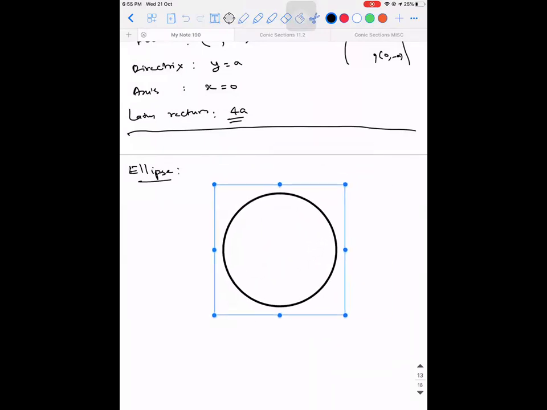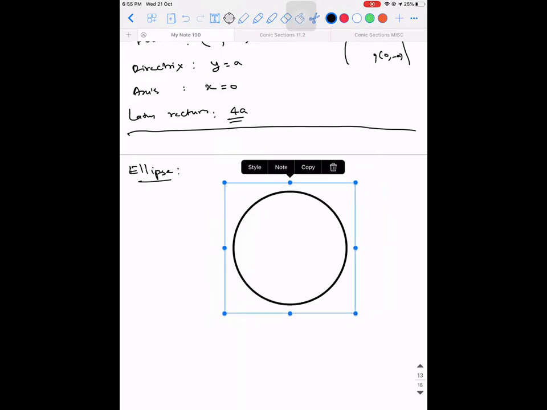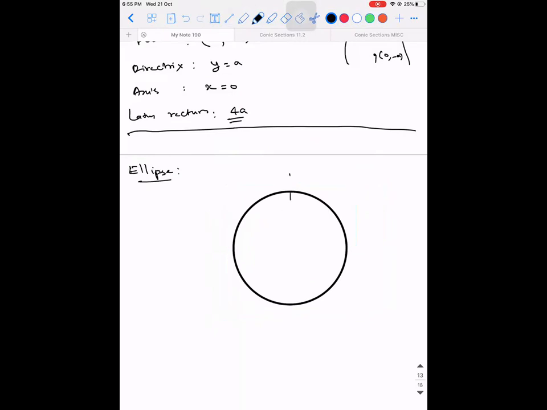So what is the shape that I've drawn here? It is a circle, right? So the shape that I've drawn here is a circle where the circle has center 0, 0 and it has radius along x direction and y direction to be of the same value.